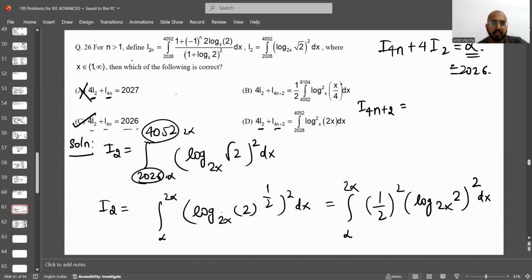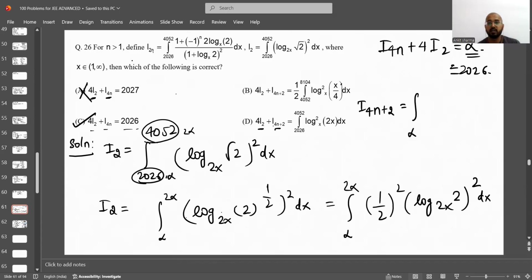So if I plug in n is equal to 1, I'm going to get here minus. So for n is equal to 2, I get here 4, which is again 2. That means plus. So when I write down I4n plus 2, and if I plug in here n is equal to 1, so I get 6. So when I get 6 here, then I6 I'll be getting only when I write down 3. So which is going to be what here? Minus.